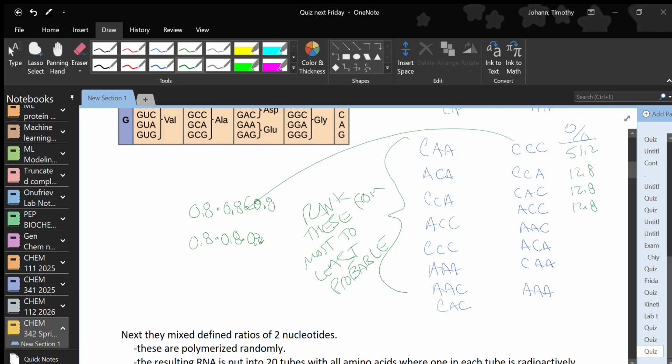Okay, next one, AAC. What's the probability of getting that? Yep, 0.2 times 0.2 times 0.8. And what was that? 6.4. That feels too high.